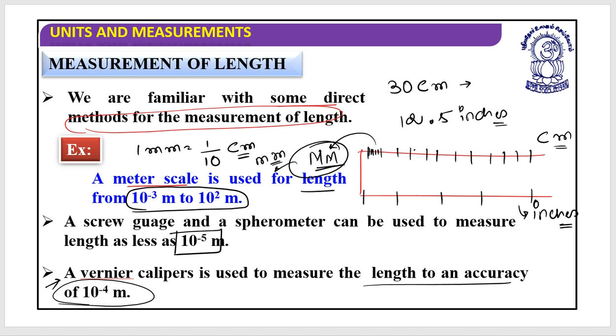So generally these are the direct methods. We can use the meter scale, the vernier calipers that you might have seen in school laboratories, or are about to see when your laboratory sessions start, and the screw gauge.